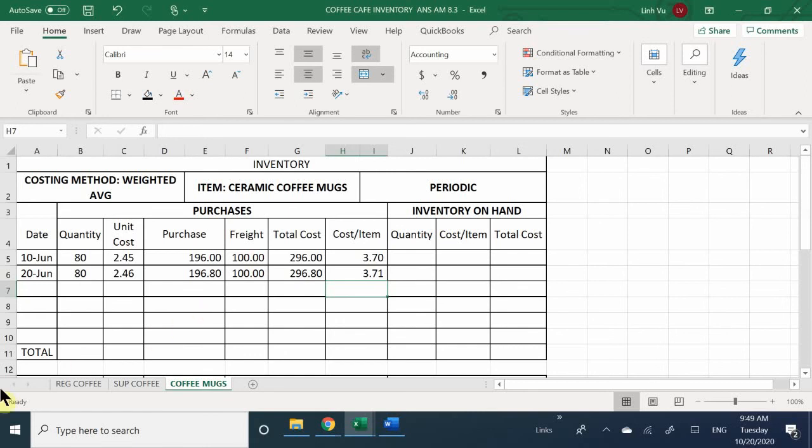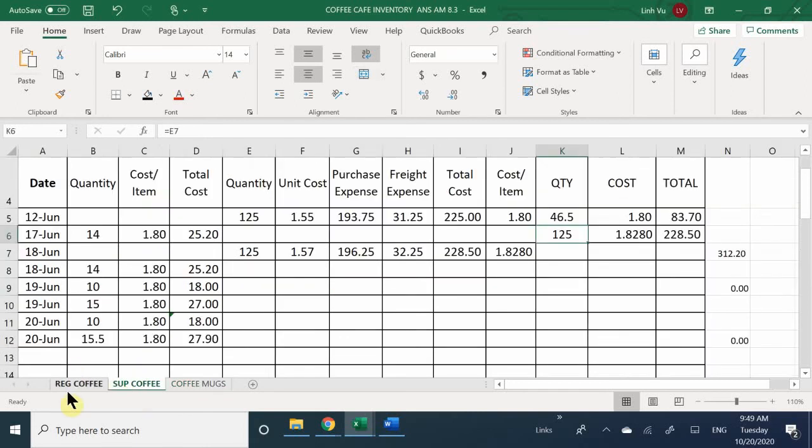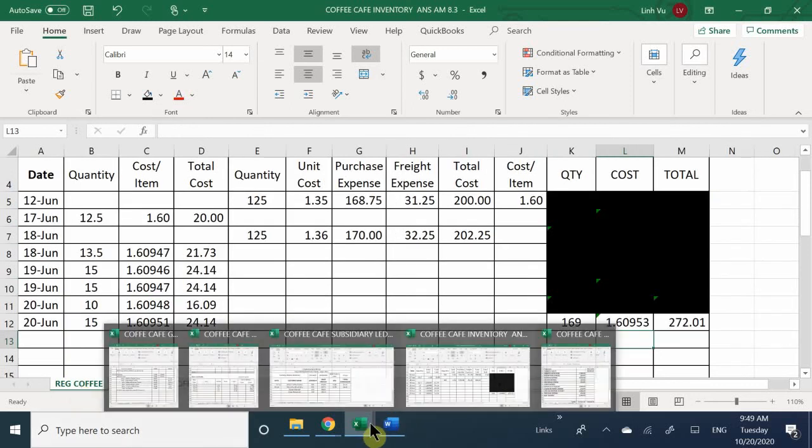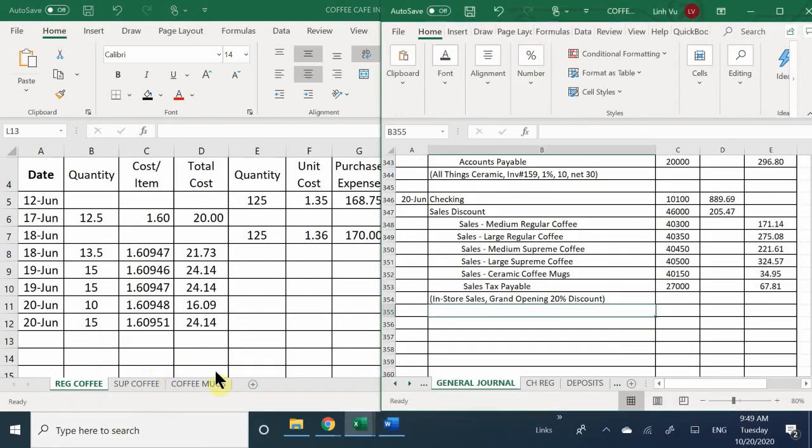Okay, so what do we do next? We have to journalize our cost of goods sold. So June 20th. Cost of goods sold.